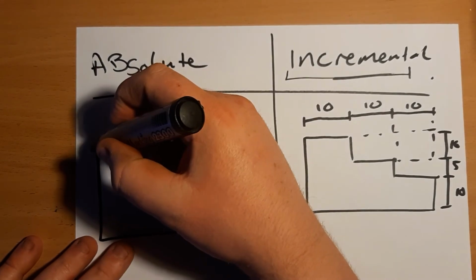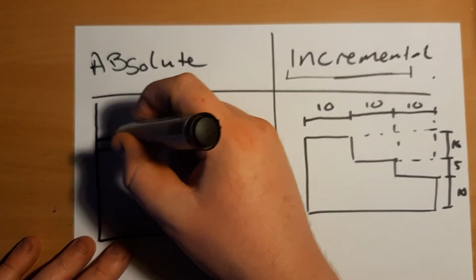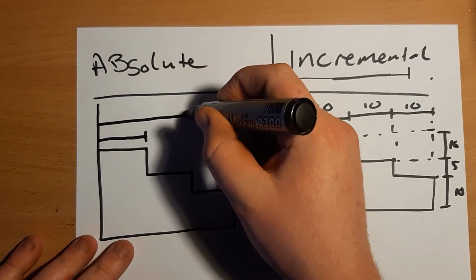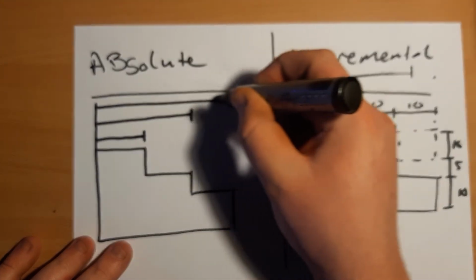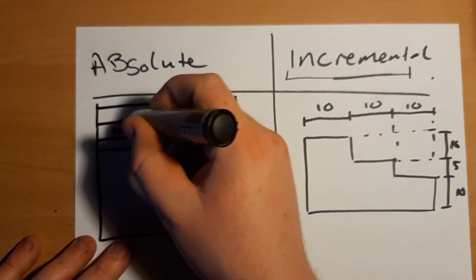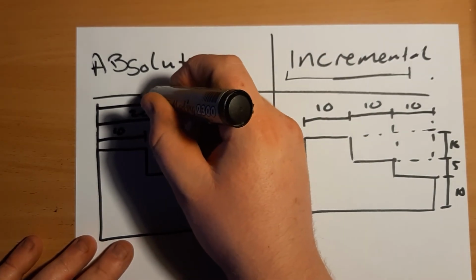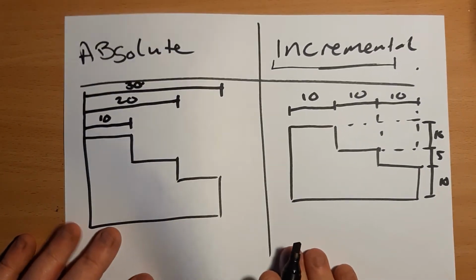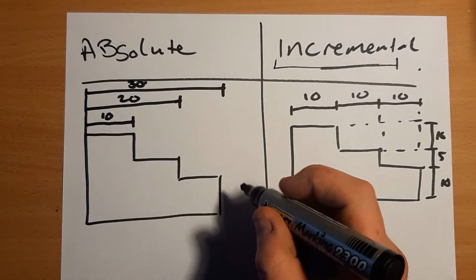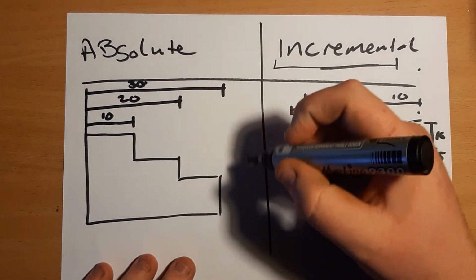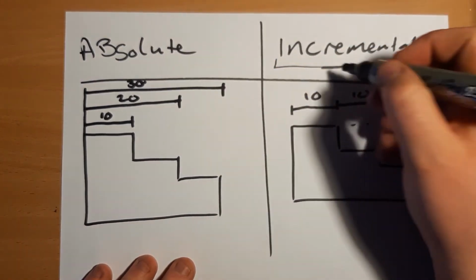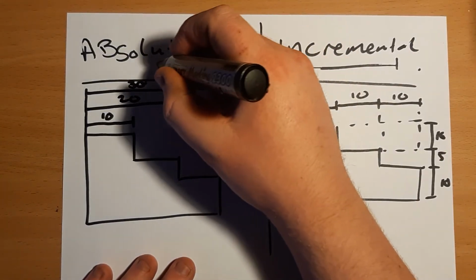Absolute, on the other hand, is when you work from a side. So in all this, we're getting you to put your drawings from incremental into absolute form, so you have to convert them from incremental to absolute. This one is more accurate.